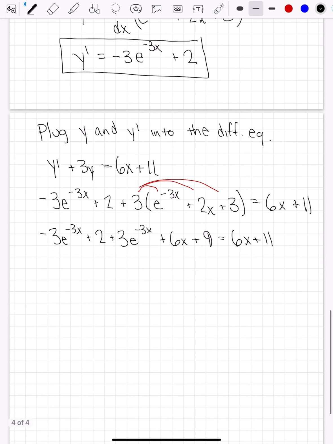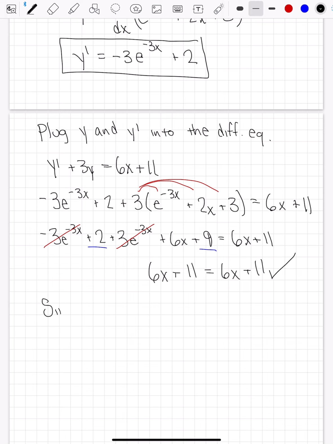Okay, so when we see that, we have a negative 3e to the negative 3x and a positive 3e to the negative 3x, so those cancel. Then we can add the like terms, 2 plus 9. That gives us 6x plus 11 is equal to 6x plus 11, which is true.